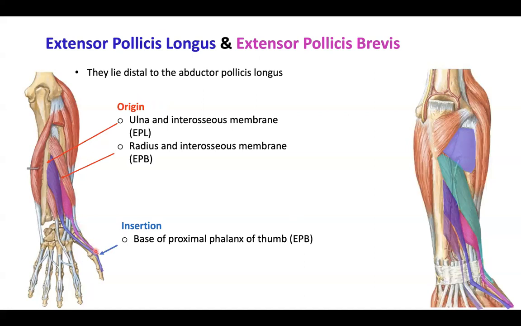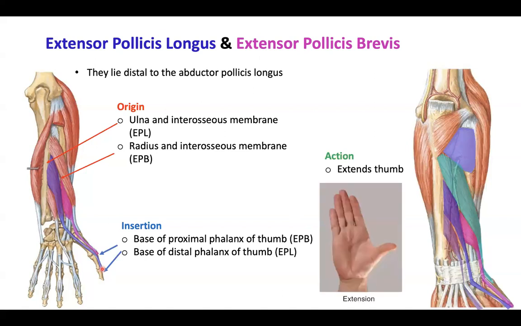So since it's short, it's inserted into the base of the proximal phalanx of the thumb. But longus is inserted into the base of distal phalanx of the thumb. And their action is obvious, extension of thumb. So this is extension of thumb.